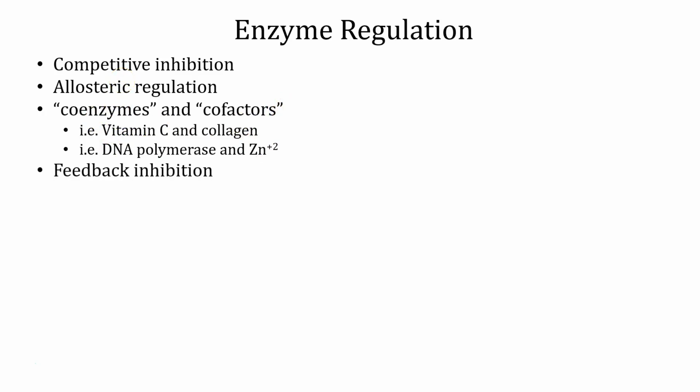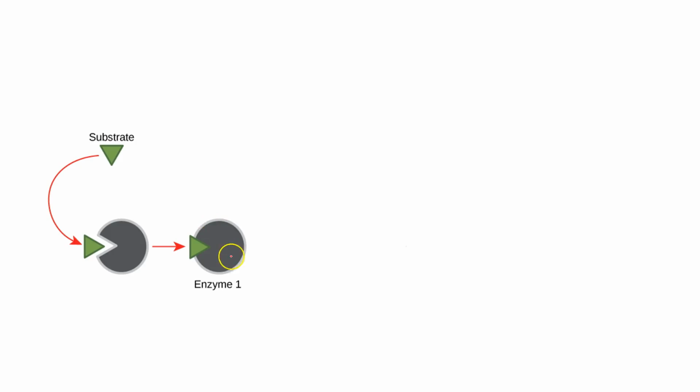The last type of regulation is feedback inhibition. And how this works is that let's say there's some original substrate, and let's say it binds an enzyme, okay? And then this enzyme does something to the substrate. So let's say it changes it into this thing here, which we could call an intermediate substrate.